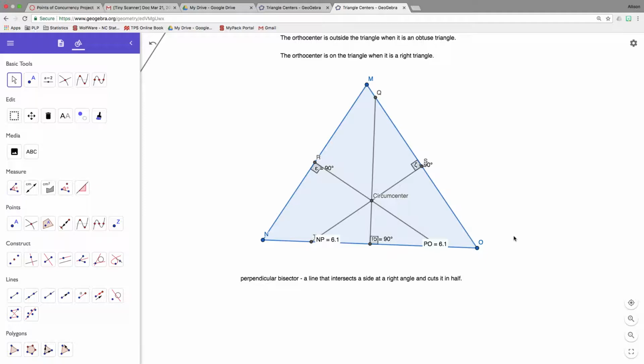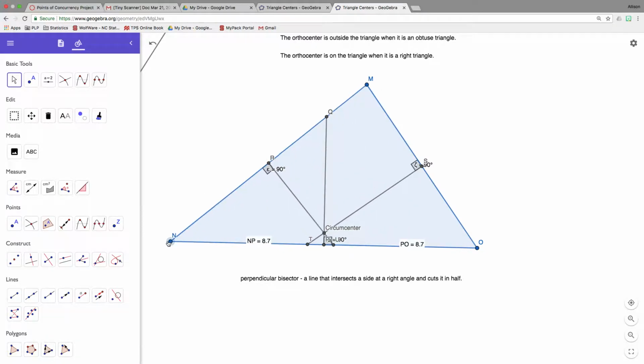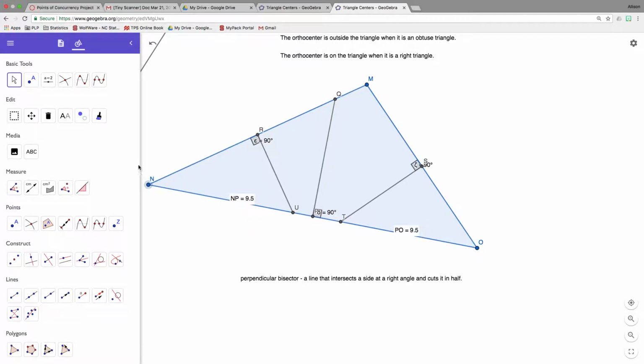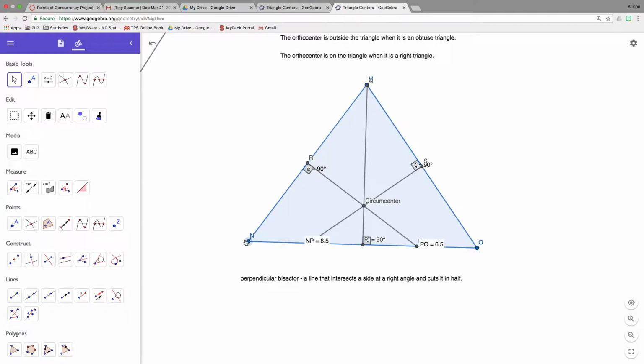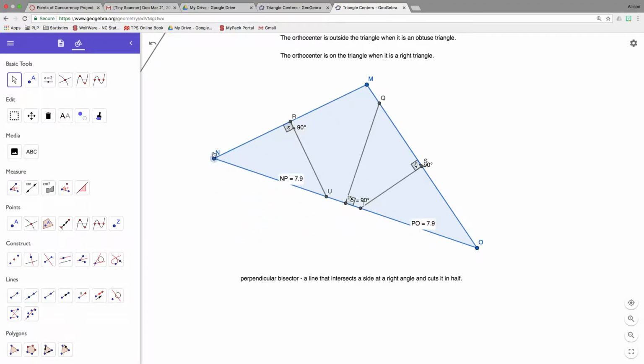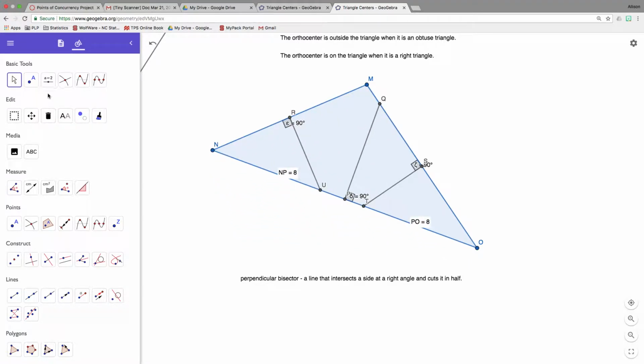All right. Does the circumcenter always stay inside of the triangle? I'm hearing yeses, I'm hearing no's. How can I figure it out? By moving the triangle. Oh no, where did it go? When you get obtuse, it doesn't die.